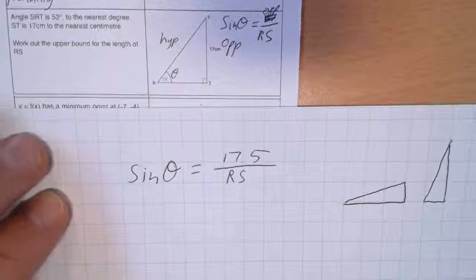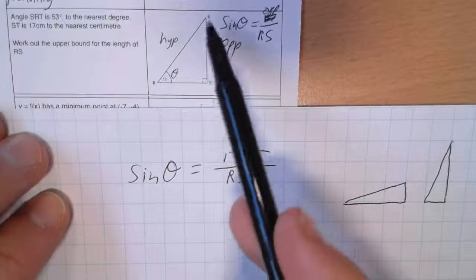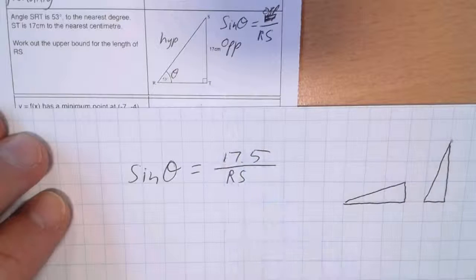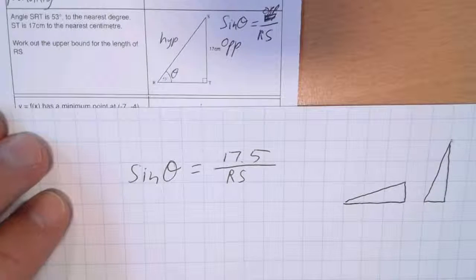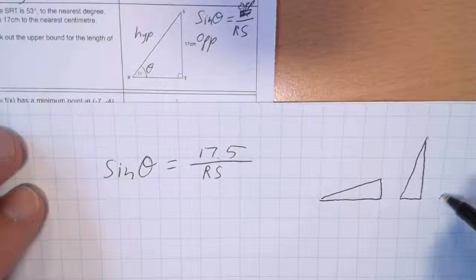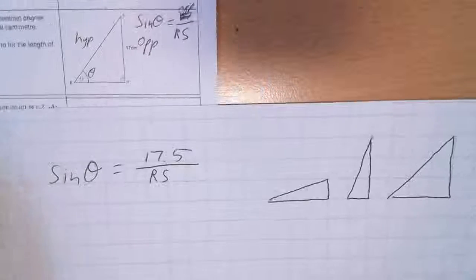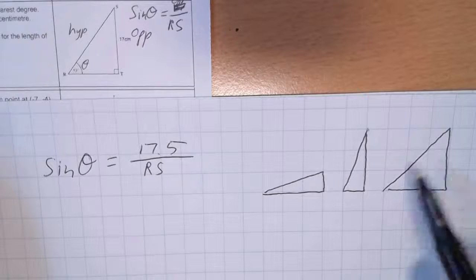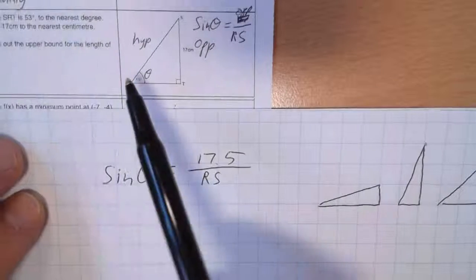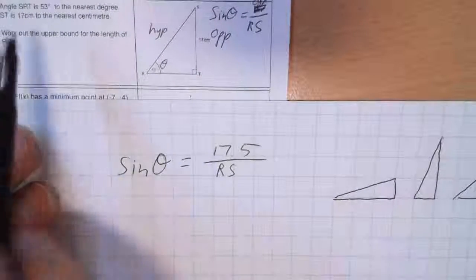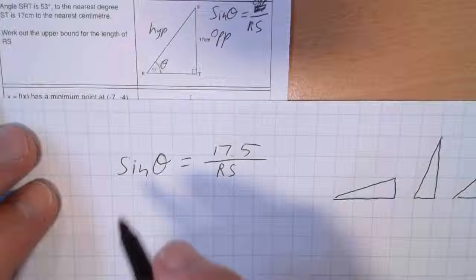Okay, and the maximum length this could be for any side length there would be if this is 45 degrees. That's going to maximize the side length. So this is going to create the maximum hypotenuse versus the side. So what I want to do is have this as close to 45 degrees as possible. So I'm going to use the smaller value, 52.5.